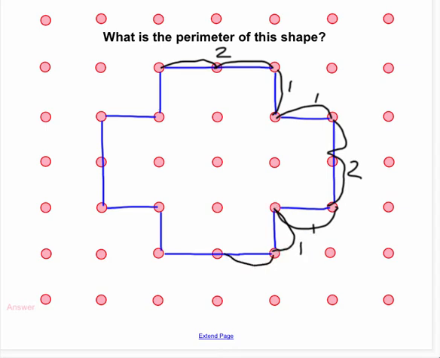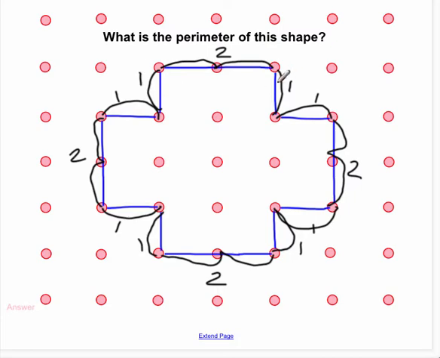Here is 1 and 2. This side of the shape is 1. This side here is 1. Here we have 1 and 2. And then we have 1. And here we have 1.